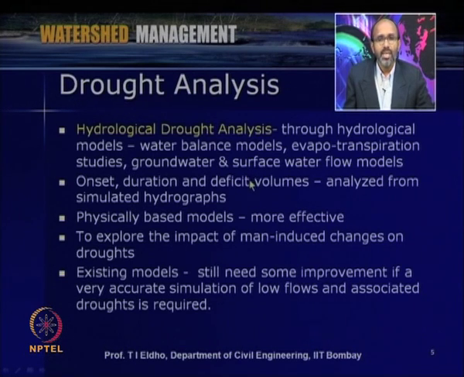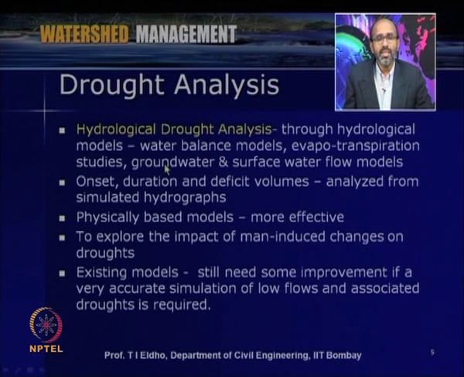We can choose any one of these aspects or a combination of them, like water balance studies using models, or evapotranspiration studies in the area of the watershed or the river basin which we consider, and then study the groundwater and surface water analysis in that area through models. Like that we can go for the hydrological drought analysis.